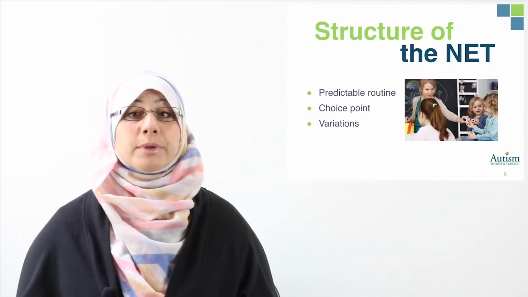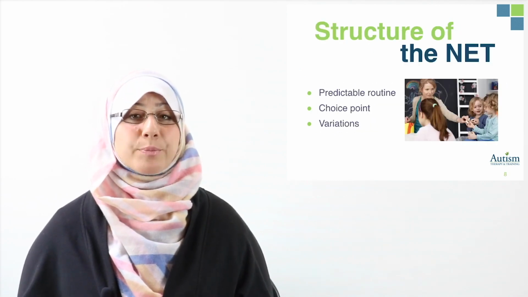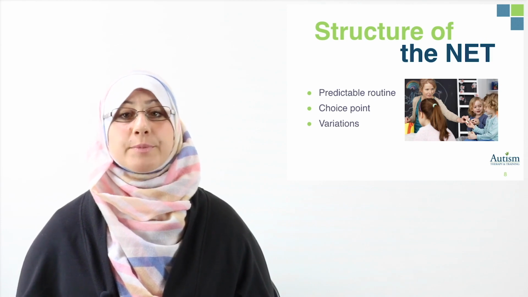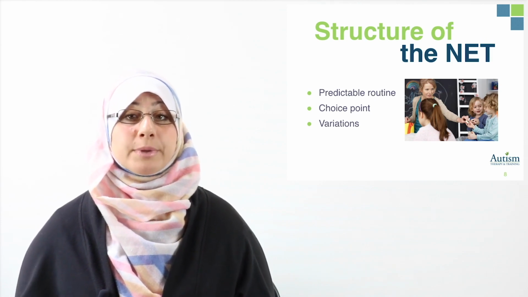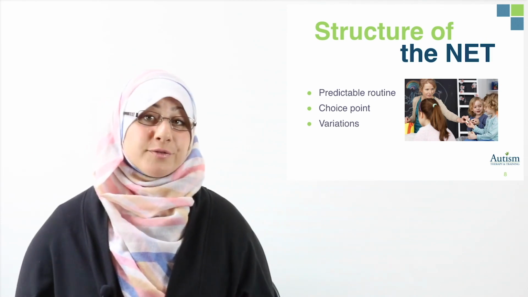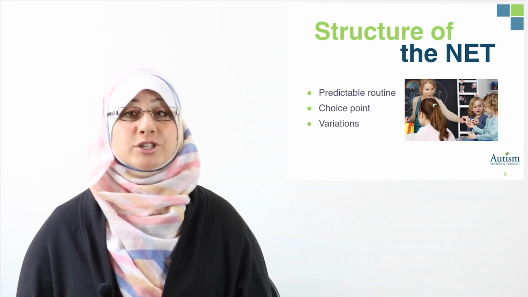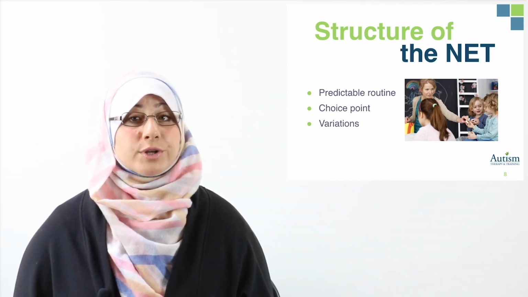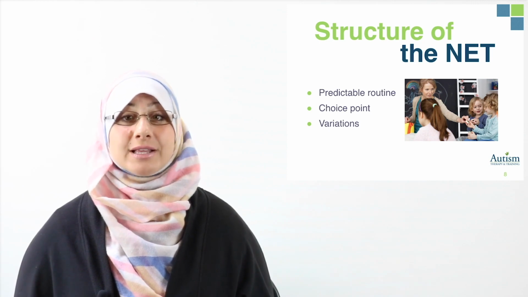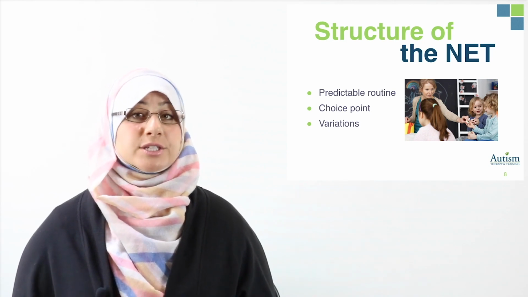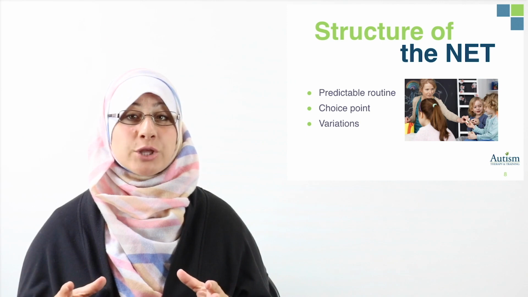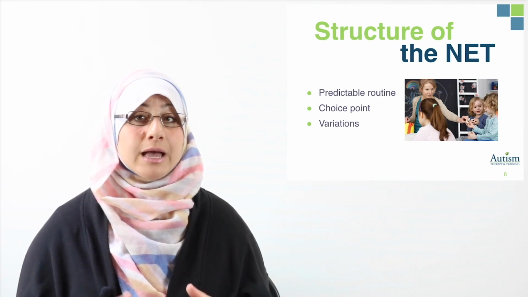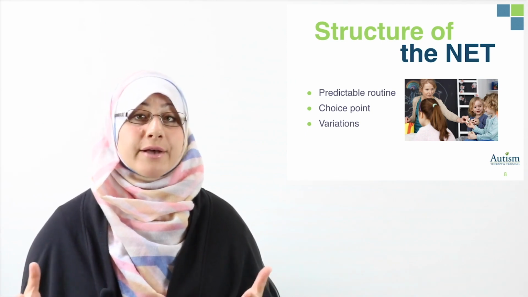The structure of your play will start with creating a predictable routine. For example, with an early learner, you may play peekaboo, and do this a few times so that the learner predicts your action. Once motivation is established, then you can select the choice point. This is the moment where you pause and either wait for eye contact, ask a question, or something else.